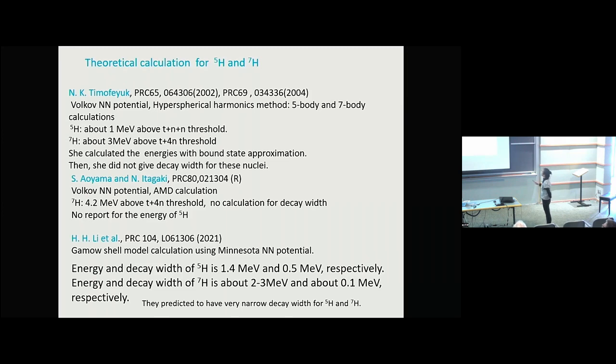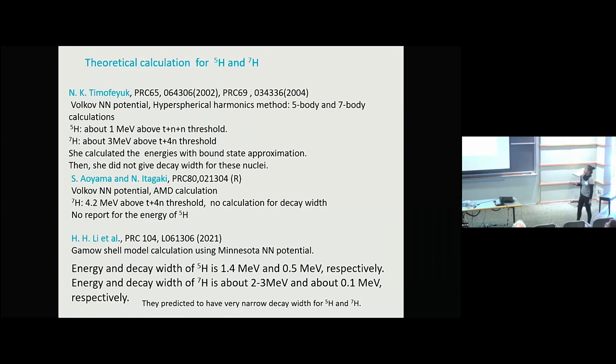According to her calculation, she reported the energy of hydrogen 5 to be 1 MeV above the t+2n breakup threshold, and for hydrogen 7 she reported an energy 3 MeV above the t+4n breakup threshold. In this way, she calculated the energy with the bound state approximation. However, she didn't give any decay width for these nuclei.